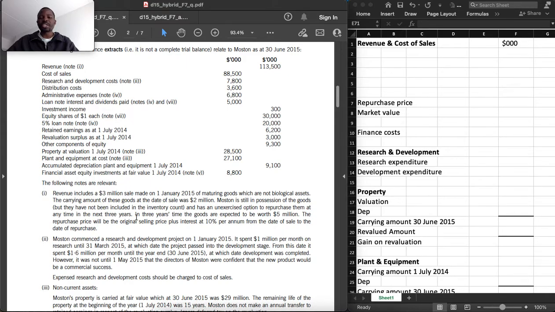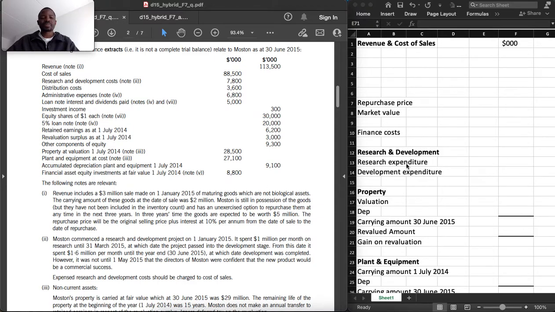Moston is still in possession of the goods, but they have not been included in the inventory count and has an unexercised option to repurchase them at any time in the next 3 years. In 3 years' time, the goods are expected to be worth 5 million. The repurchase price will be the original selling price plus interest at 10% per annum from the date of the sale to the date of the repurchase.